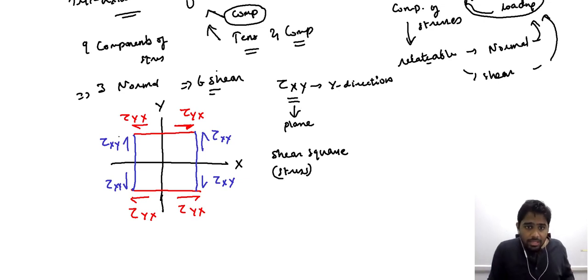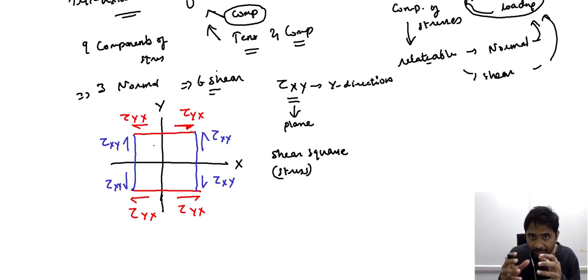Now in this shear square or stress square, these are essentially part of an element of our sample. In the previous discussion we considered a three-dimensional element, which helps us understand the orientation and inclination along which each of these components of stress was aligned.